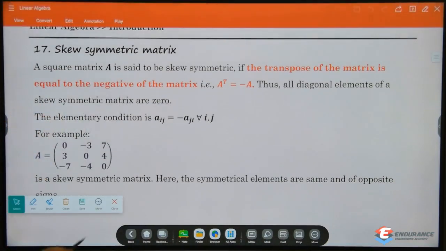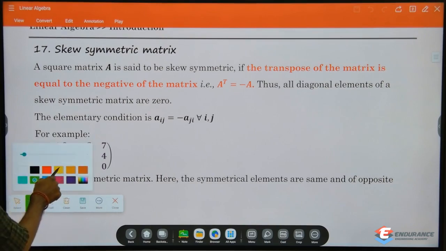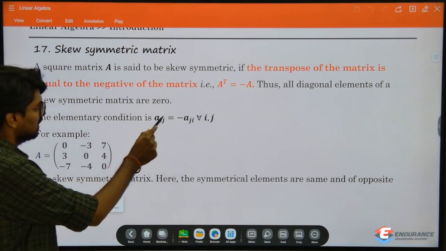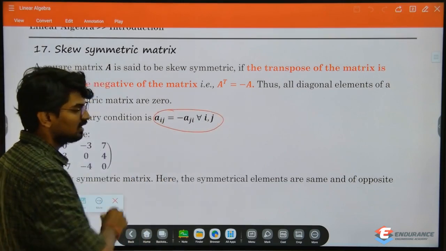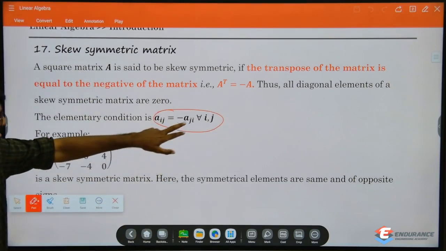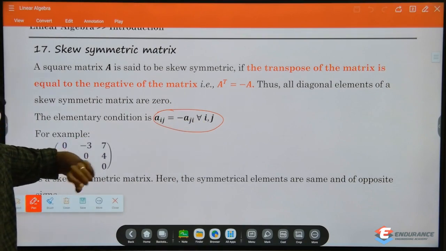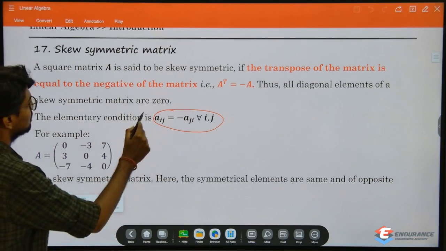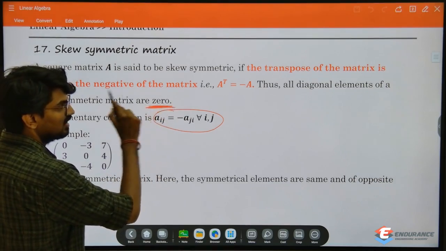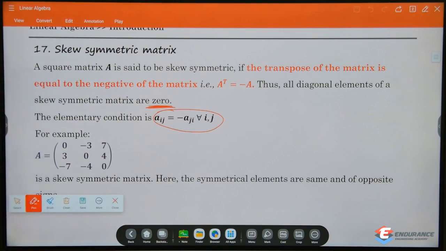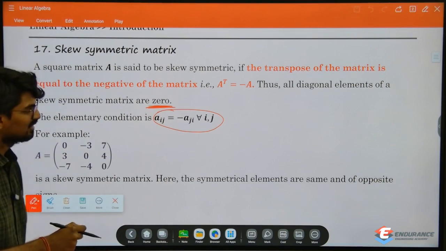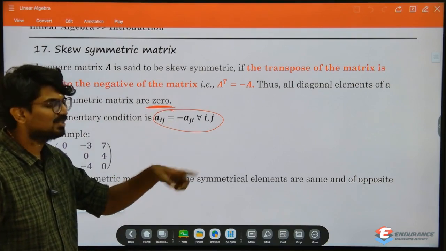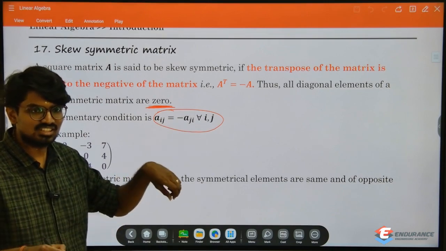And regarding the elementary condition, Aij should be minus of Aji. Okay, for all, this sign indicates for all i, j. Is a zero center a compulsion? Here it doesn't matter. Aij is equal to minus Aji. Note the zero center.